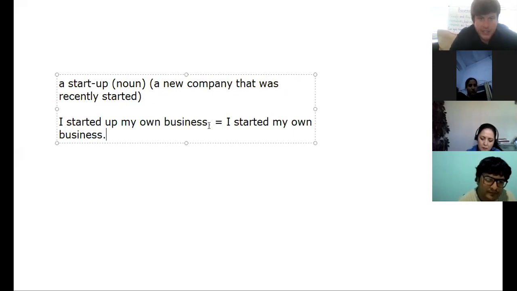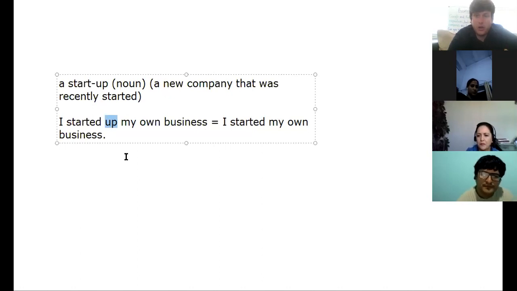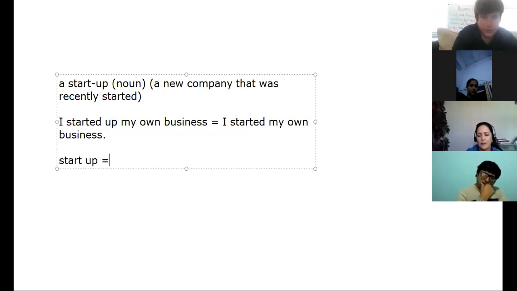So these sentences have exactly the same meaning. Why do we have this particle on the phrasal verb start up? It's just because it's very common for English speakers to use phrasal verbs. We use phrasal verbs so often that sometimes we just add particles to the end of a verb. So start up means the same thing as start.